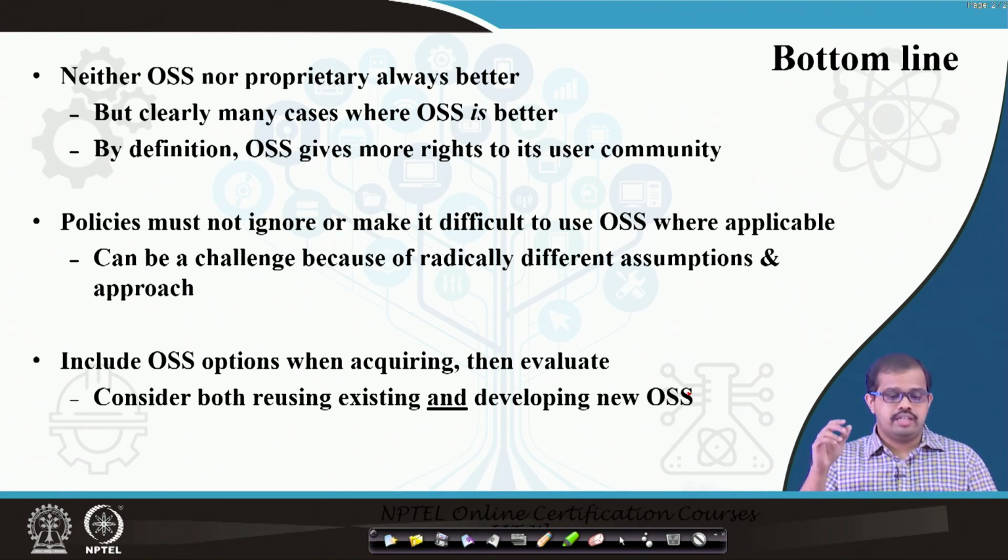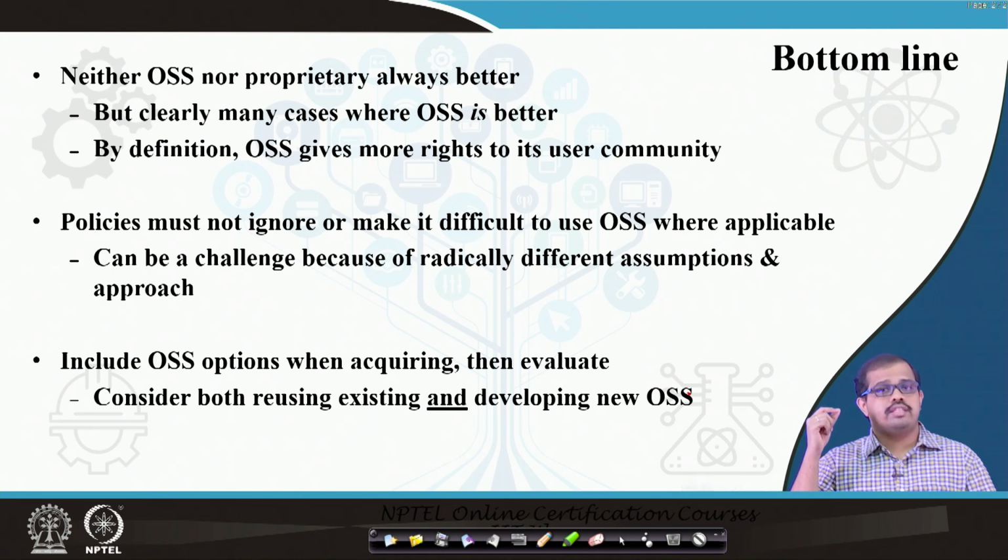The only thing is, clearly in many cases where you are looking at research aspects, academic purposes, or application purposes, open source software is always better. By definition open source software gives you more rights.